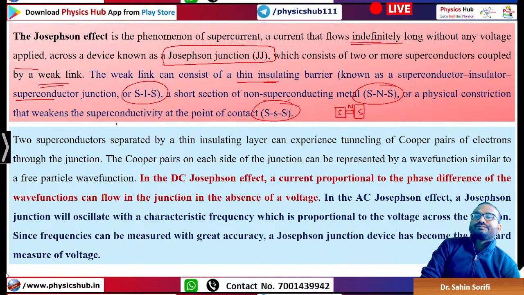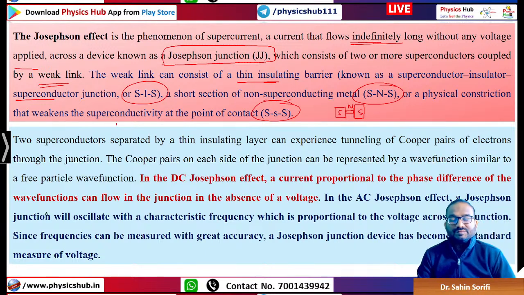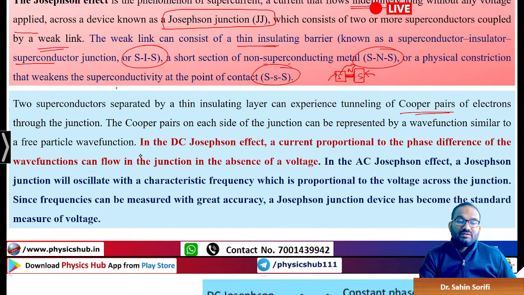So this is the Josephson effect. Two superconductors separated by a thin insulating layer can experience tunneling of Cooper pairs of electrons. So you see, there will be Cooper pairs in this superconductor, and Cooper pairs in that superconductor. Via this small barrier, the Cooper pair can tunnel through. The Cooper pair on each side of the junction can be represented by a wave function similar to a free particle wave.